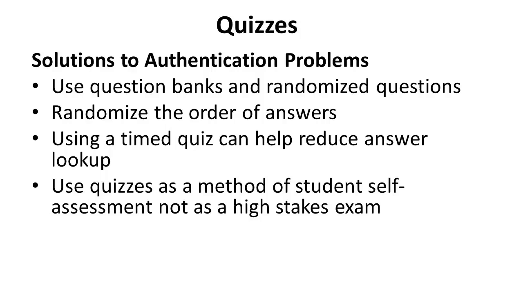You can use timed quizzes, which can reduce the amount of time that it takes for a student to look up the answers online. You can also change your methodology for how you use the quizzes. Instead of having them as a high stakes grade determination tool, you can use them maybe as a method for students to self-assess or as a learning tool on its own.